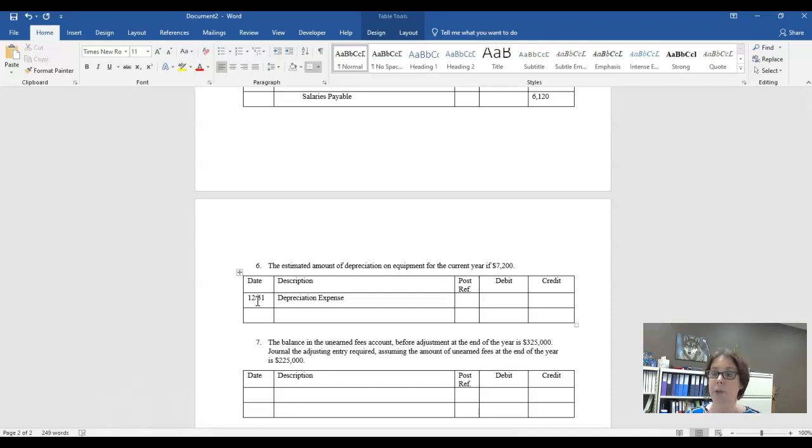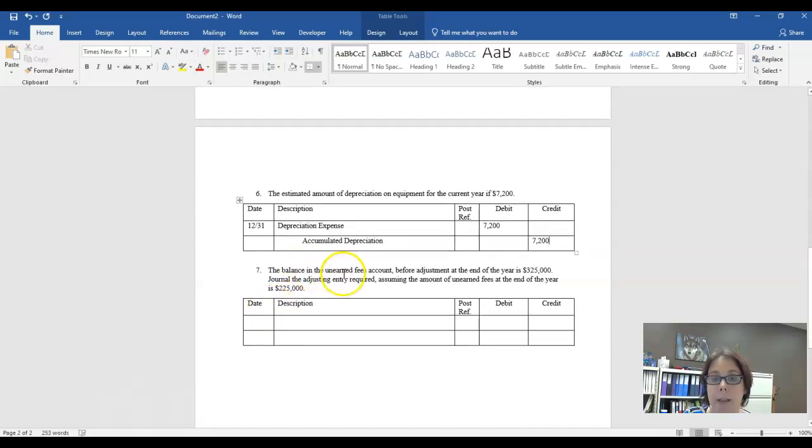So what we need to do for our equipment is reduce its value on a monthly, yearly basis. For this chapter, until we get further in, we will be giving you the account. And then a new account, accumulated depreciation, also for $7,200.